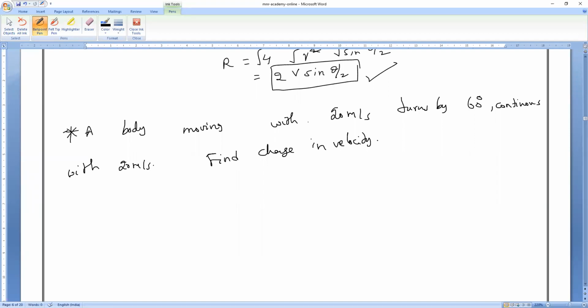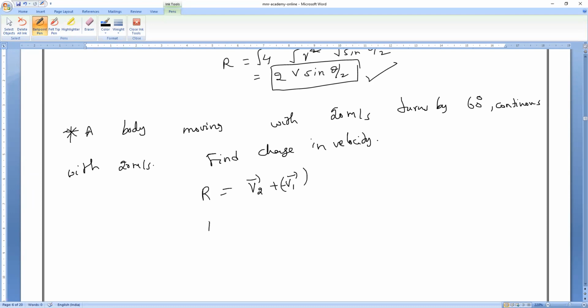Answer, please. Change in velocity means V2 minus V1, is it right or wrong?